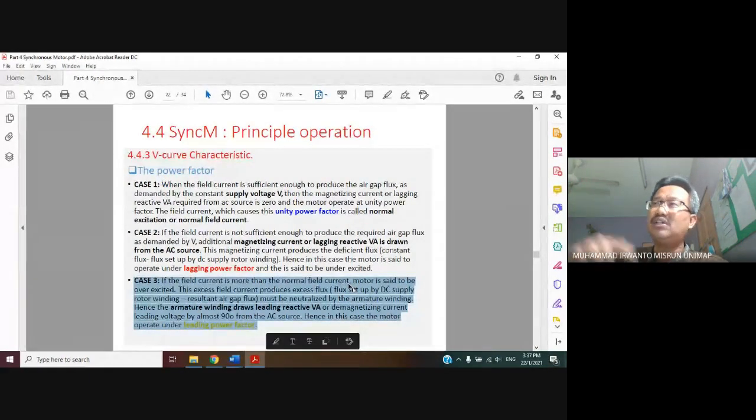This is the normal field current. If it is more, the motor is said to be over-excited. This excess field current produces excess flux, and this condition we call the motor operating under leading power factor.